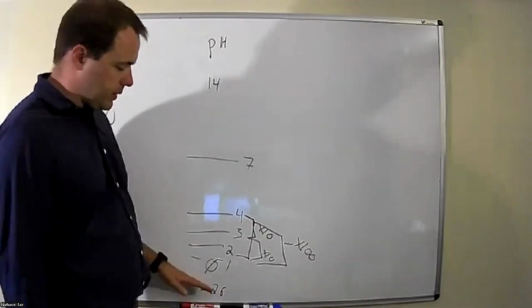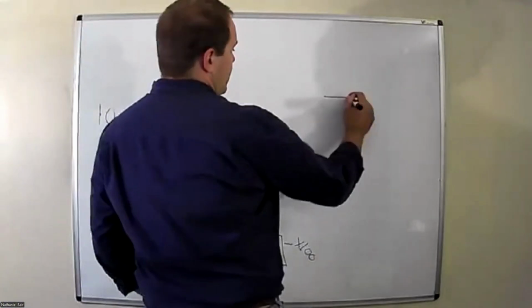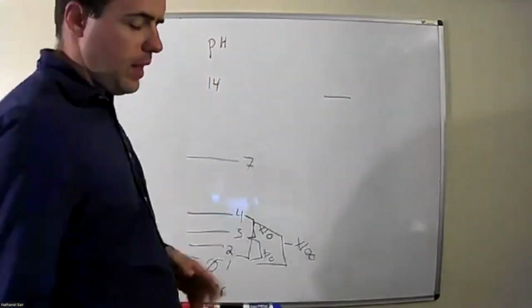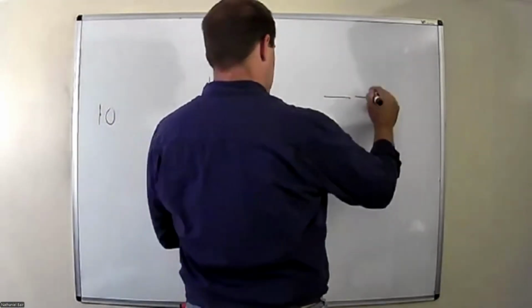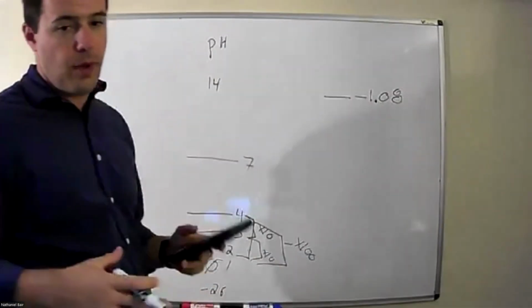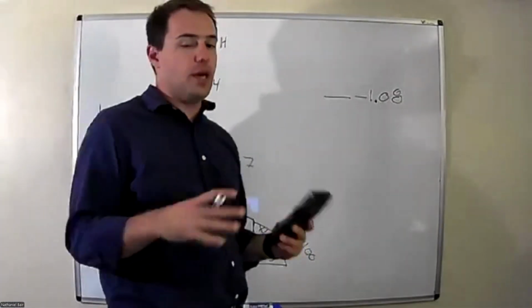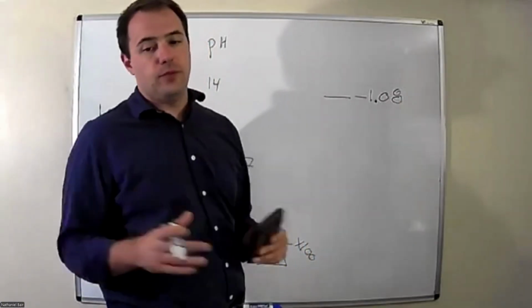I want to put into perspective how crazy fluoroantimonic acid is. Concentrated hydrochloric acid has a pH of negative 1.08. So if you took hydrochloric acid right out of the bottle that we have in the back of the lab, the concentrated stuff, it cannot get any stronger. It's negative 1.08.